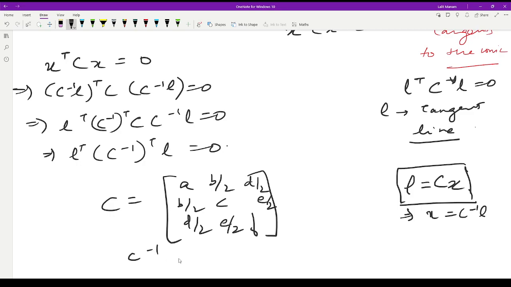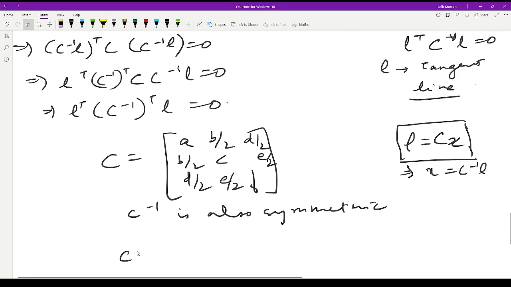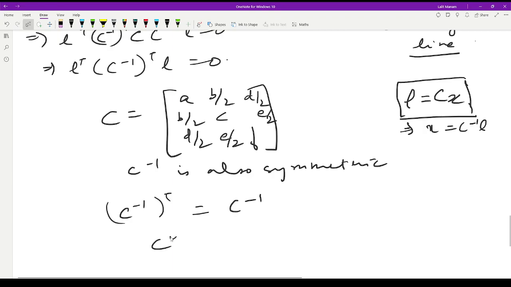So C inverse is also symmetric. With this we have C inverse transpose equals C inverse. So what do we have ultimately? Our dual conic C star equals C inverse.